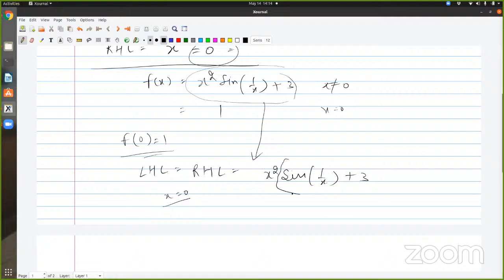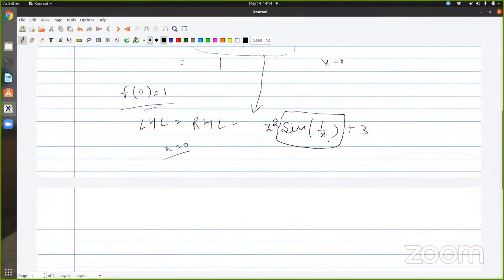Now, one property that you can make use of over here is for sine. What is the range of values that sine can have? No matter what value you put in as a parameter, the sine value will range from -1 to 1, correct?